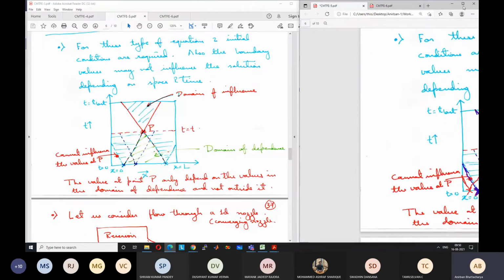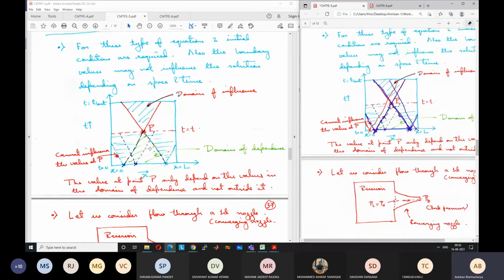That is what I'm trying to convey here. The domain of influence is bounded by the characteristic lines as shown here, and the domain of dependence is bounded by the same characteristic lines. On one side it is the domain of influence ahead of P, and before P it is the domain of dependence. Any point which is outside cannot influence P.